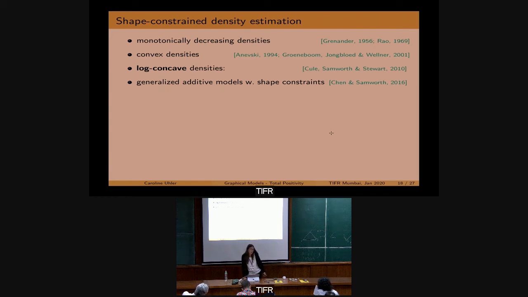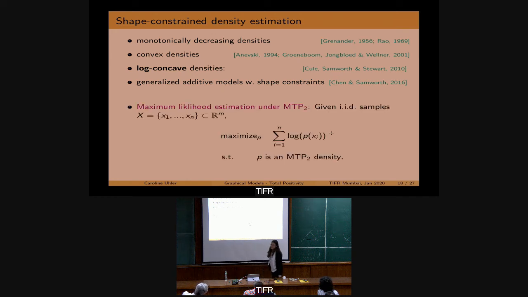So one of our hopes, and we don't have any proof or any counterexample yet, is that something like MTP2 plus something will actually give you that, right? Because we know it is super restrictive. We also know it is actually relevant for many applications. So maybe it could give you something like parametric rates. That would be the hope, and that was kind of why we even started looking at this.